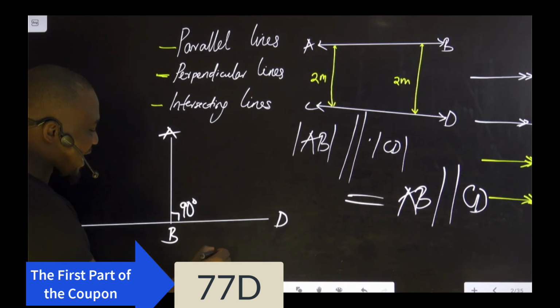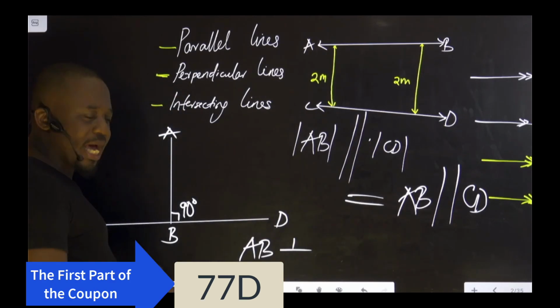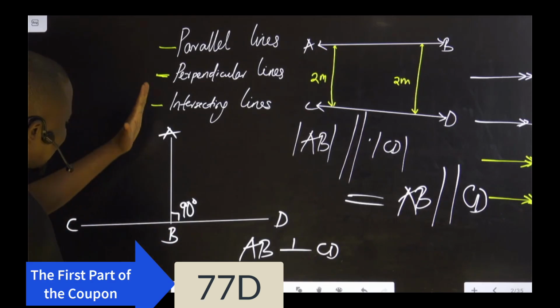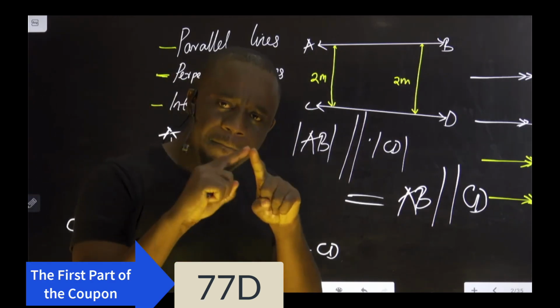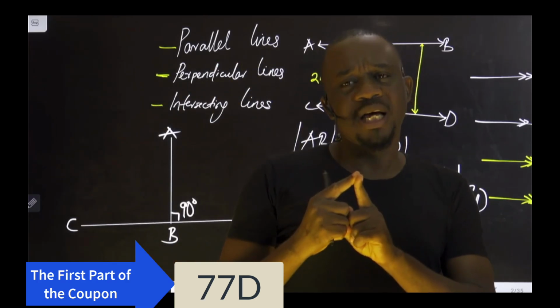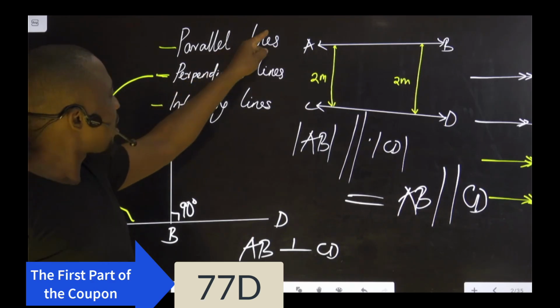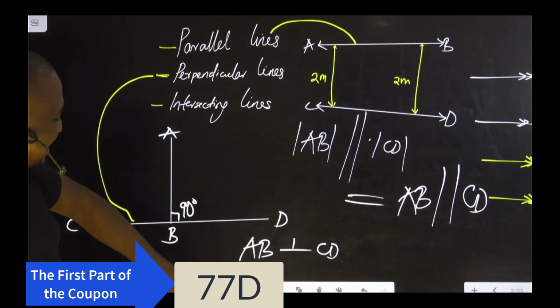That is line AB is perpendicular, I draw it perpendicular to CD. It means when they meet, they will form a 90-degree angle between each other. That is called perpendicular line. This is parallel.